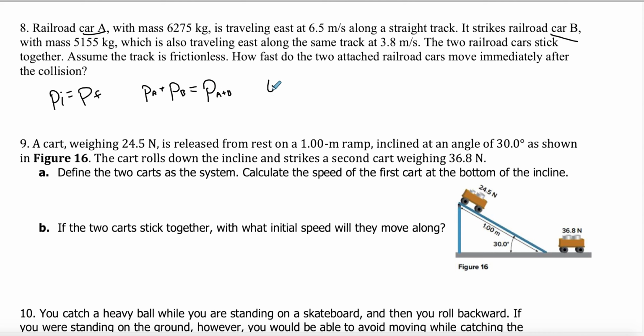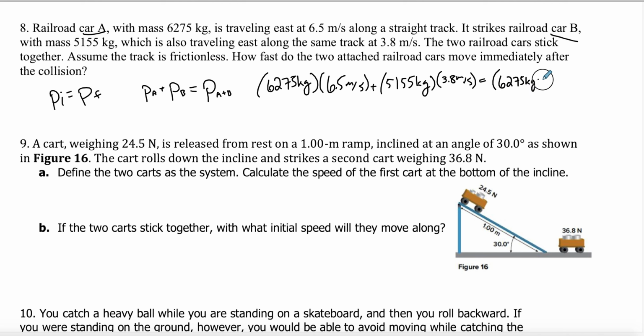Okay, so car A, 6275 kilograms times its speed, 6.5 meters per second, plus car B, which is 5155 kilograms, times the speed of car B, which is 3.8 meters per second. That is going to be equal to the combined masses times the velocity. So we have 6275 kilograms plus 5155 kilograms times that velocity in the end.